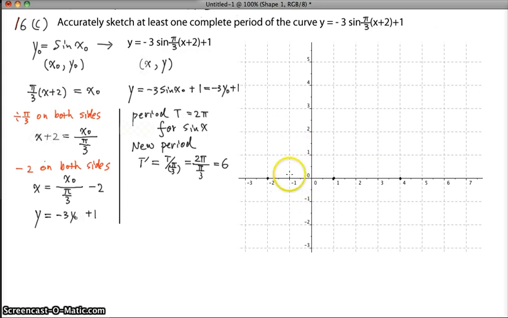And then times 3. So that means you should have it go up to 3. But another thing, don't forget, you plus 1 after you do this. So that means eventually this point is gonna be +1.